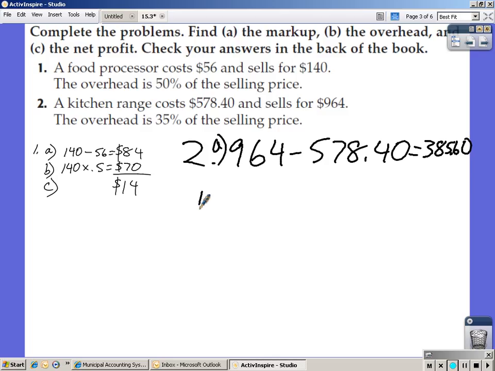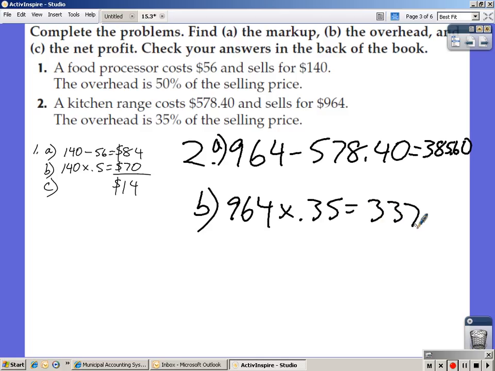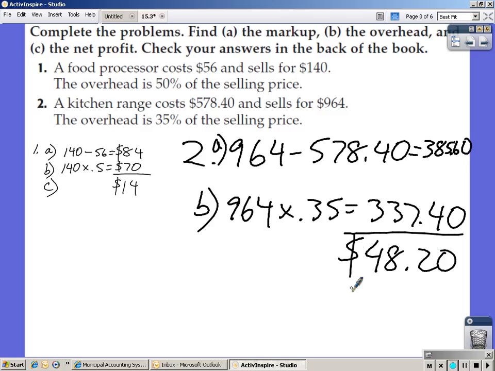Now, part B wants us to find the overhead. 964 times 0.35 is $337.40. Find the difference between your two answers, and you get $48.20. All right, let's go ahead, let's move on.